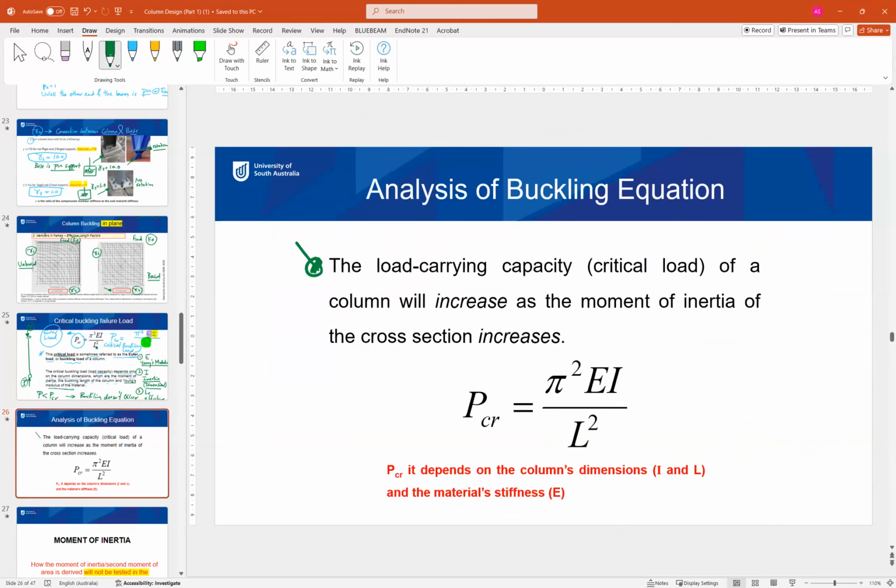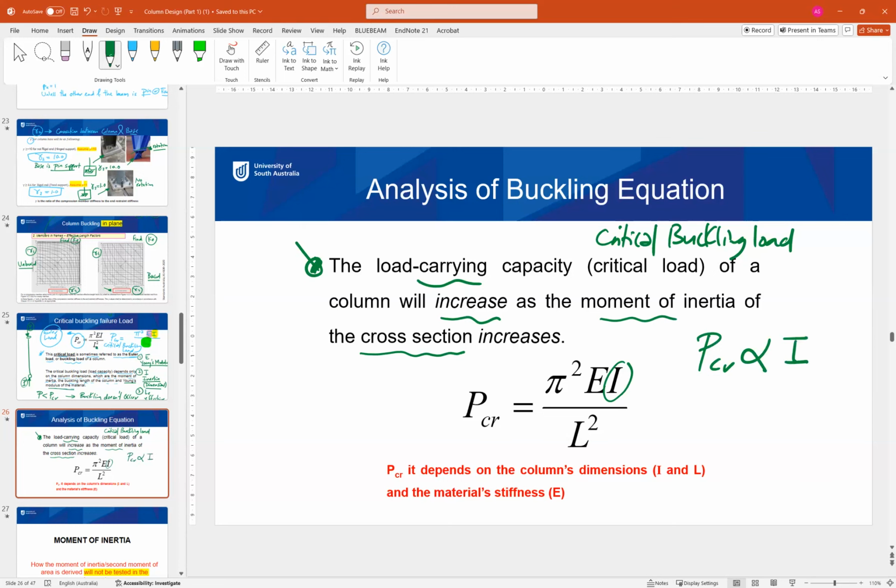It is called the load carrying capacity because after this value the member is considered as failed as a column. The capacity will increase as the moment of inertia of the cross section increases. So the buckling load increases if I increase, because P critical is proportionally related to I. So if I increase, this means that P critical increases.